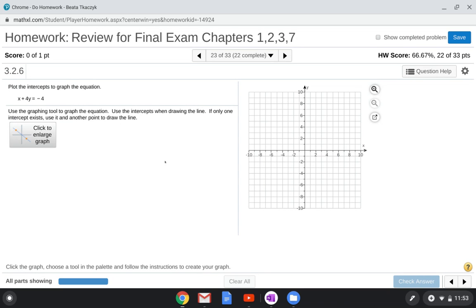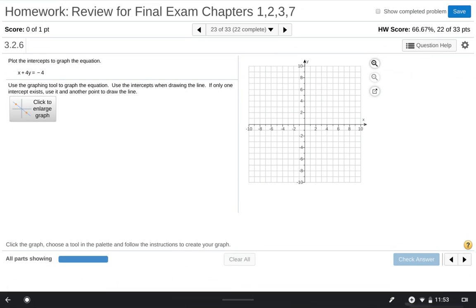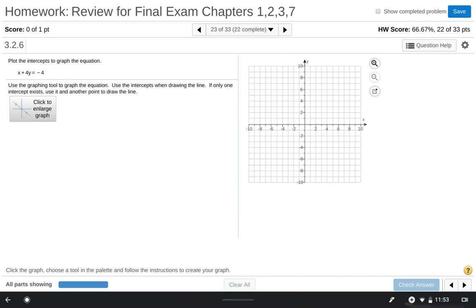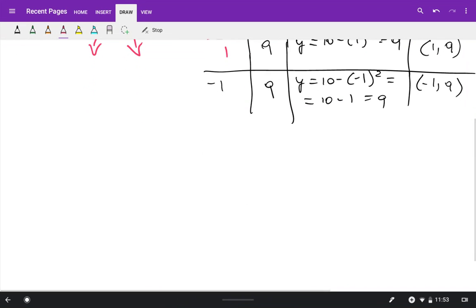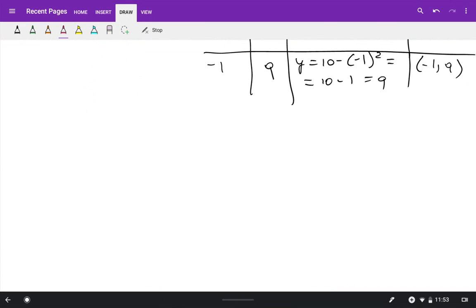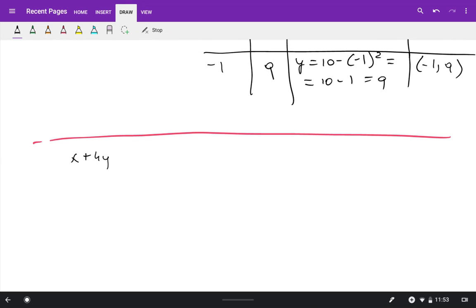Okay. Plot the intercepts of the graph of the equation. So you have x plus 4y equals negative 4. Let's talk about this one. We have the equation x plus 4y equals negative 4.